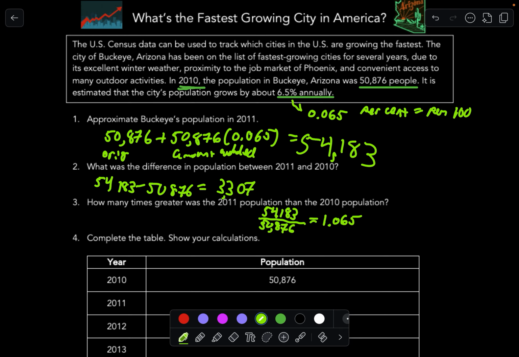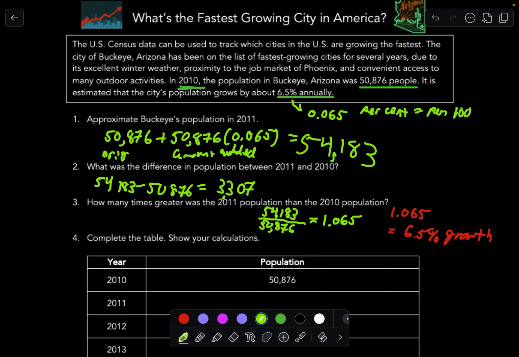Okay? Now, complete the table. So what is this? This means 1.065 is 6.5% growth. Notice the 1, because right here, I guess I should back up.